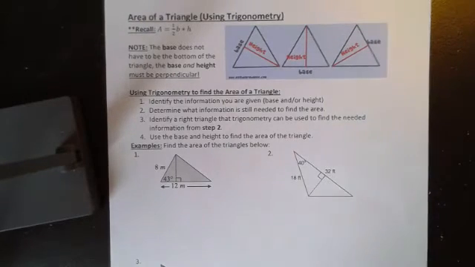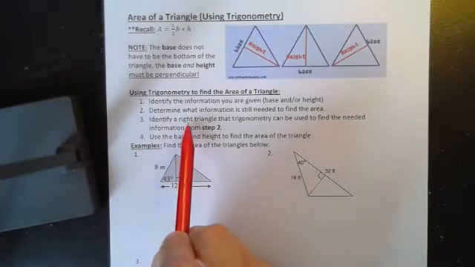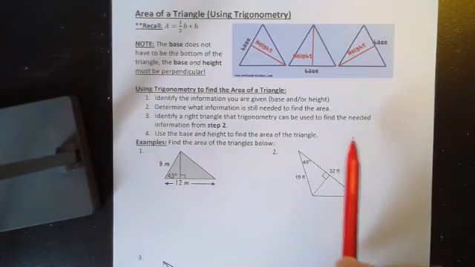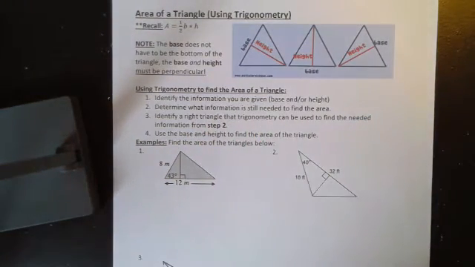Then we get to step 3, which is where we're going to be using trigonometry. So we want to identify a right triangle in the figure that we can use trigonometry in order to find the information needed. So if we need the height, we want to find a right triangle that allows us to use trigonometry to find that height. Then once we have the base and the height, then we're finding the area of the triangle like normal, multiplying 1/2 times the base times the height.